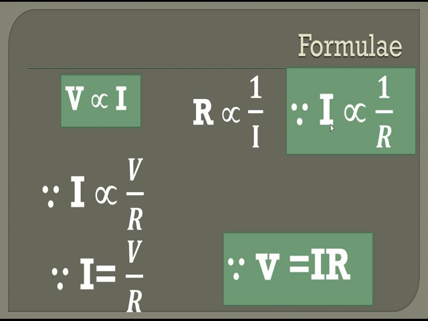We combine these two equations. So I is equal to V upon R, that is V equal to IR. This equation is useful in most electronic circuits to find out the current, the resistance value, or the voltage.